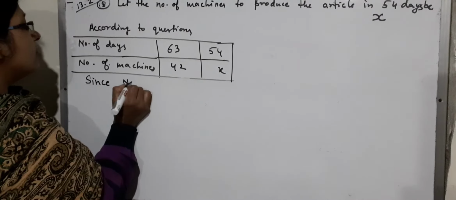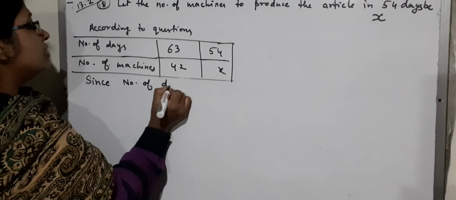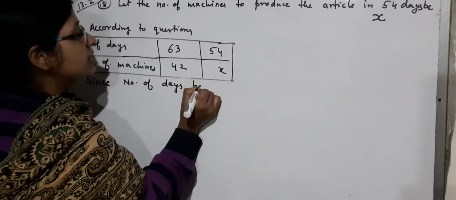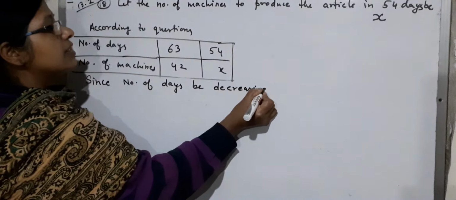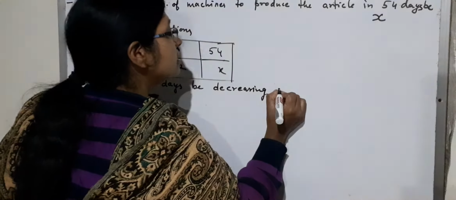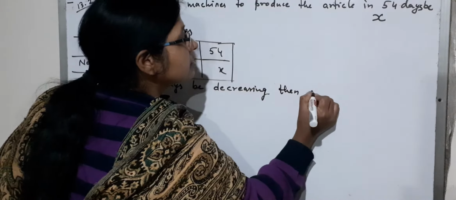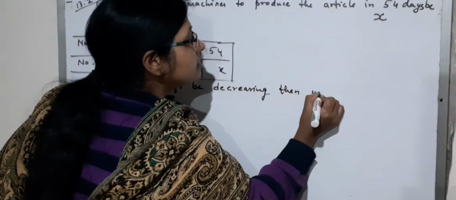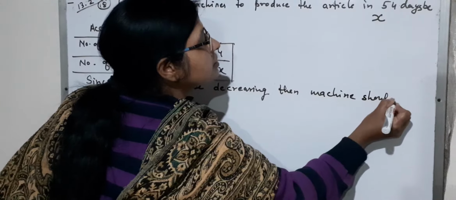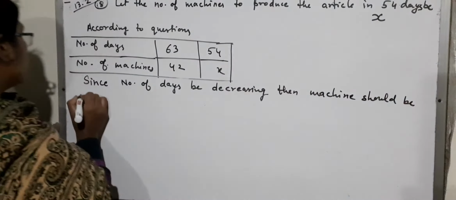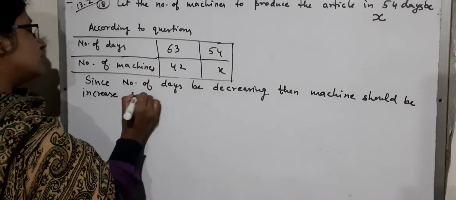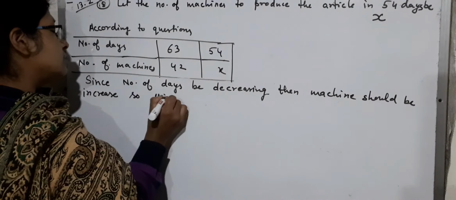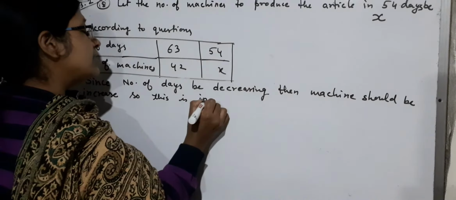Since number of days is decreasing, then machines should be increasing. So this is indirect variation.